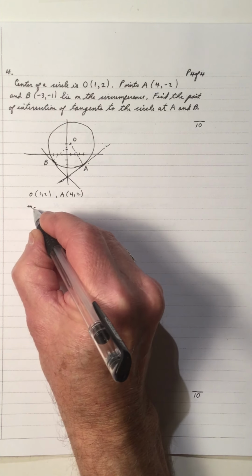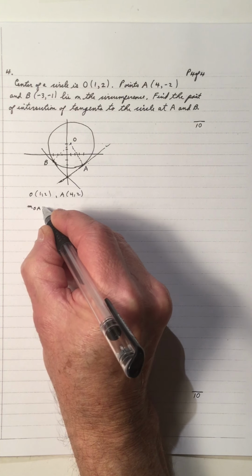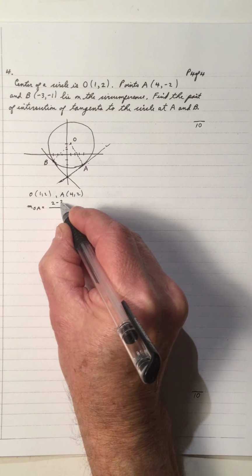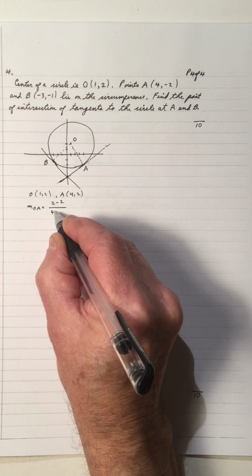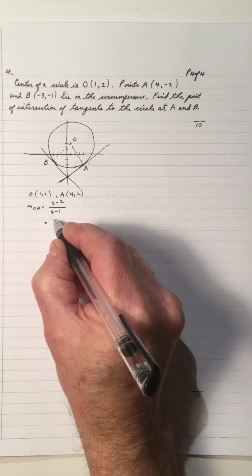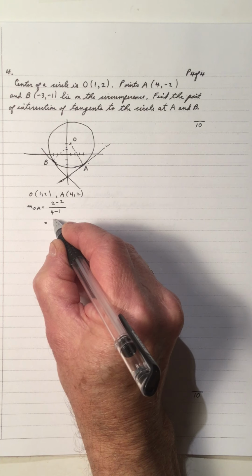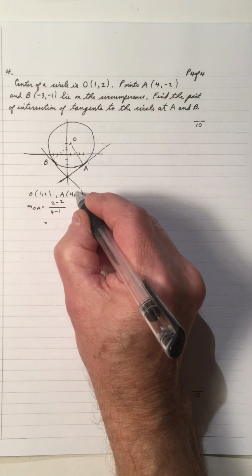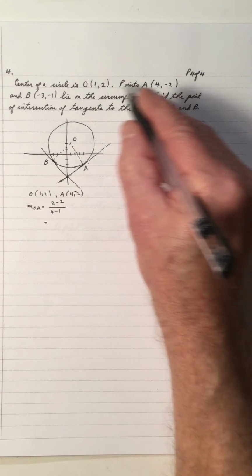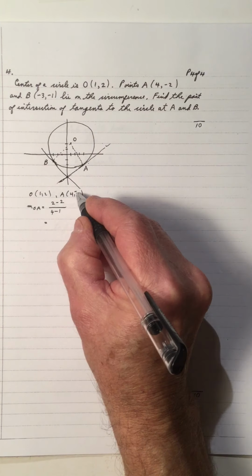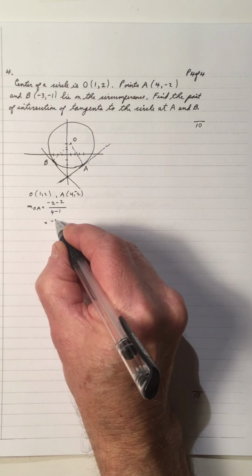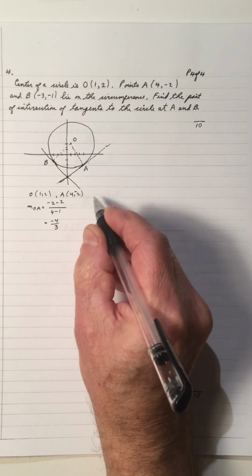So the slope of OA is y2 minus y1 over x2 minus x1. So that's -2 minus 2 over 4 minus 1. So that's negative 4 over 3.